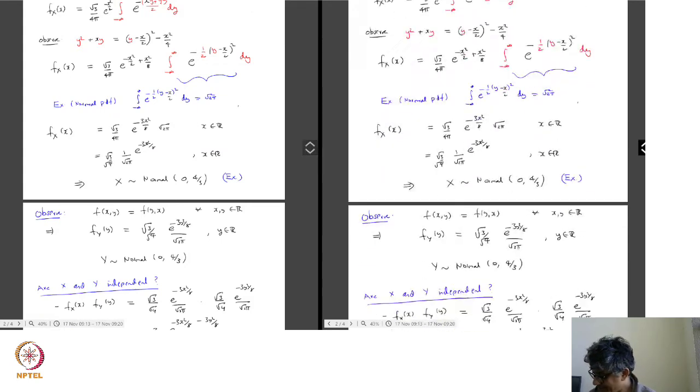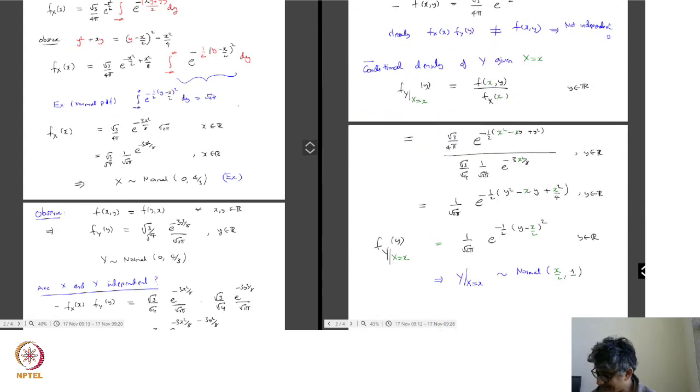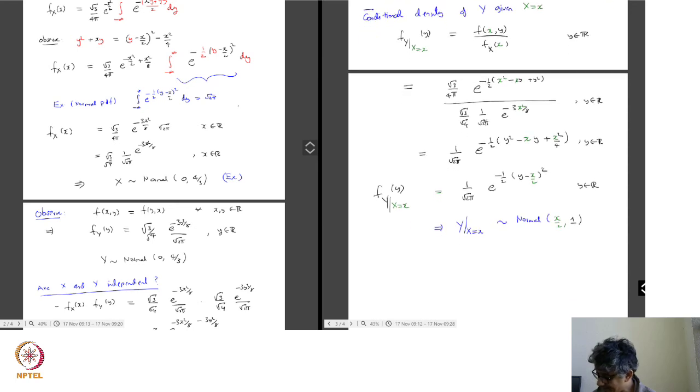But then you come down here and you find the conditional density of y given x equal to x: the mean moves to x by 2 and the variance moves to 1. So the dependency of x and y is borne out by this idea of conditional density, and they're not independent. We checked first that the conditional density changes with x.